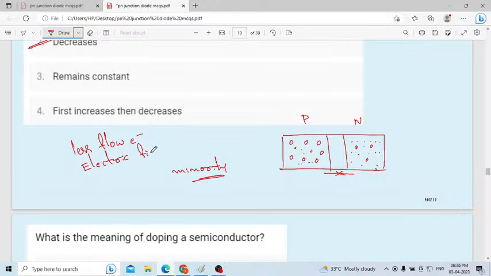When the electric field is less, the electrons cannot move into this depletion region. When they are not able to move because of the less electric field, this depletion region becomes very big. That's why I explained in detail in the last class: reverse bias, forward bias, everything. Once again you revise, it will be easy for you.